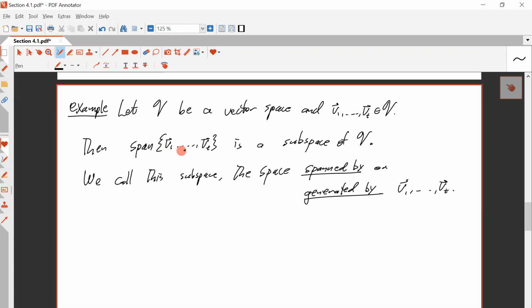Remember what span is. Span is the set of linear combinations of the indicated vectors.